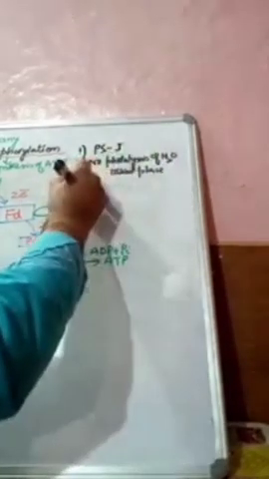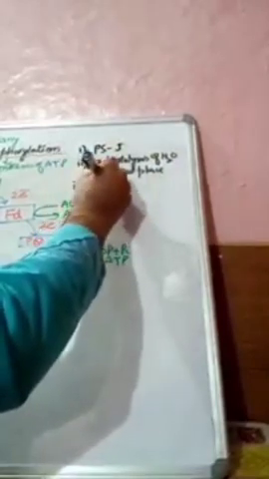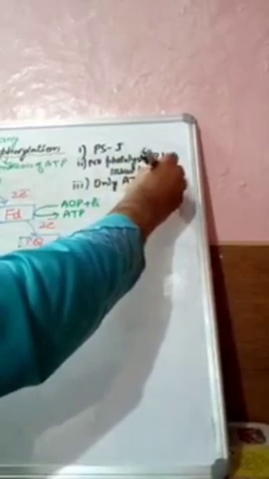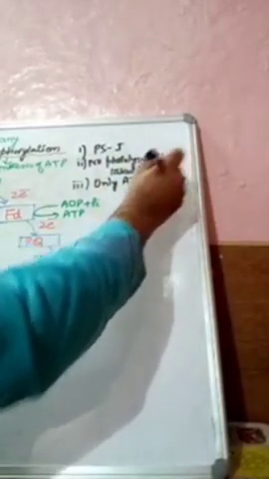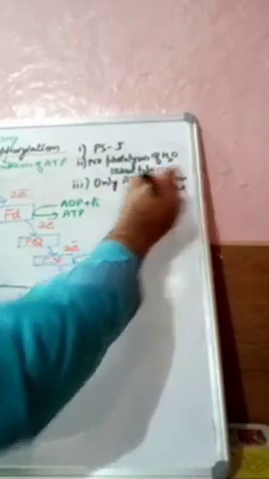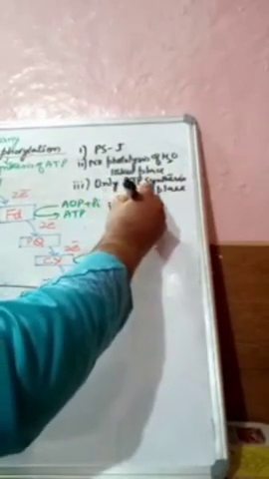The third point we see here is that only ATP synthesis takes place. Another thing we see here is no reducing power, as in the case of the non-cyclic, where NADPH and NADP are formed.